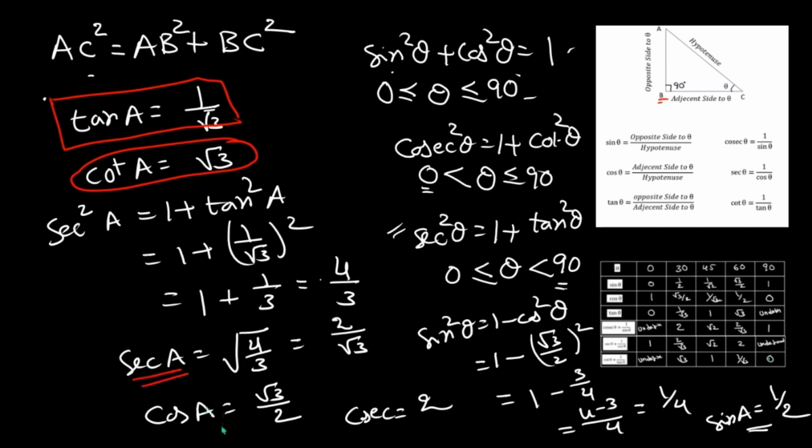From the secant we got cos A. Again using the first identity, sin square theta plus cos square theta equal to 1, we got sin here. And from the sin, we got the cosecant. So if you know any one ratio, you can find the other ratios simply by using these identities.